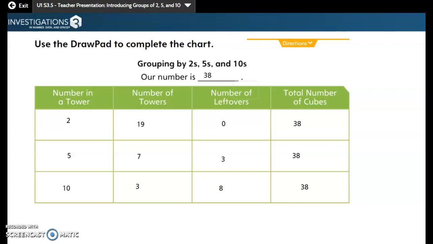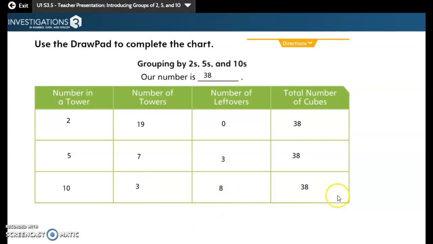As you're working, try to see if you start to notice a pattern in your groups of 10. If you look at this group of 10 here, we had a total of 38 cubes. Notice how many towers we had. We had 3 towers and 8 left over.